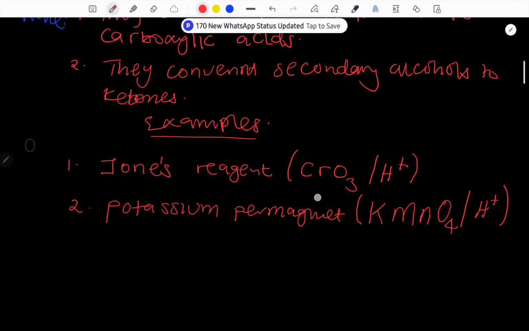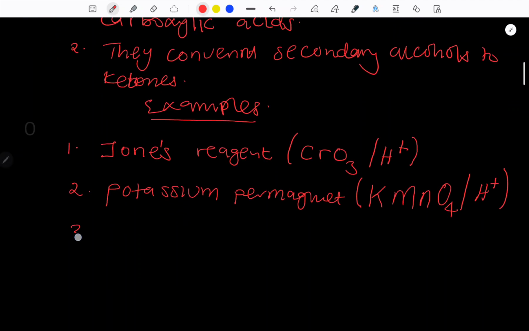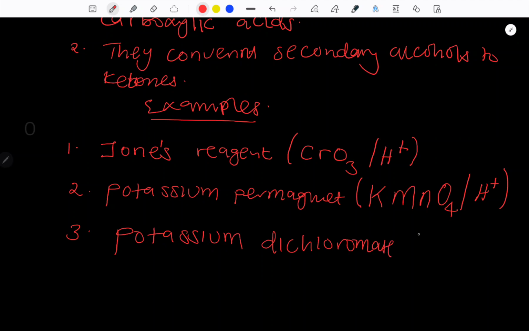The third one is potassium dichromate, K2Cr2O7.